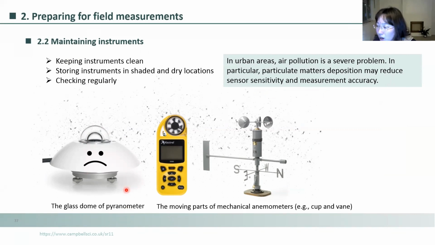And the dust and the particle will also damage the moving part of the mechanical anemometers. It will damage their cup and their vane. And the other important thing is you need to store your instrument in shaded and dry locations and check your instrument regularly.